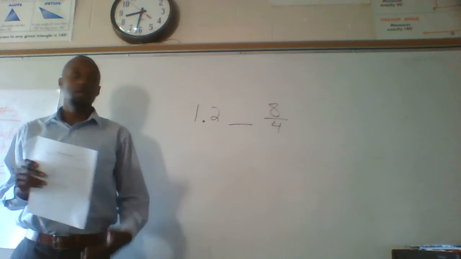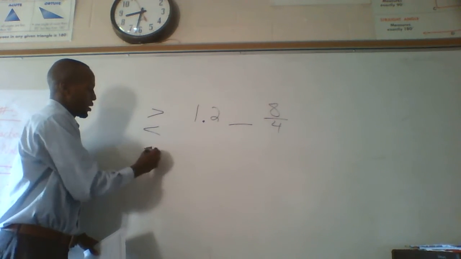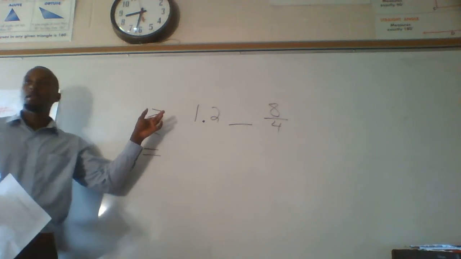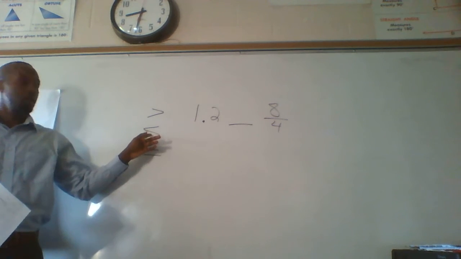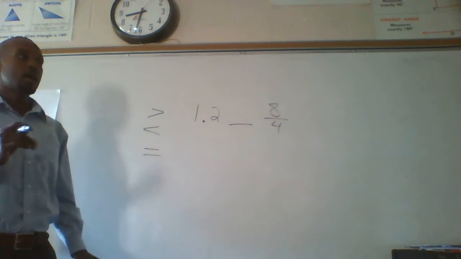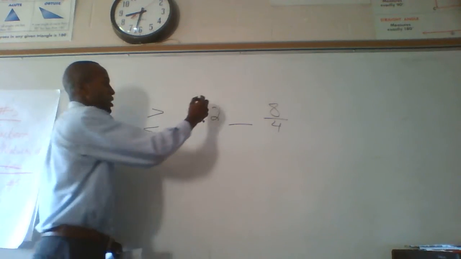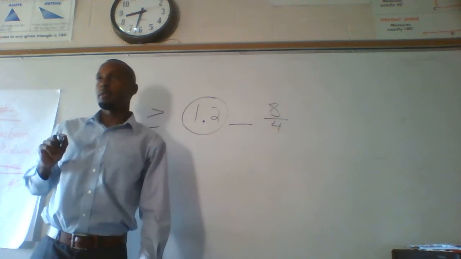It's either going to be less than, greater than, or equal to. That's what I want you to say. What sign is this? Greater than, right? What sign is this? Less than. Equal. Okay, so it goes here. Now remember, every time you're doing an inequality, it's always based off of this first number. That's what you base everything off of.